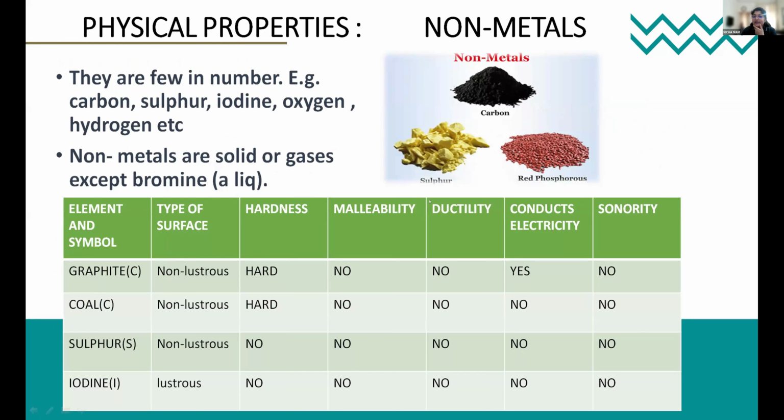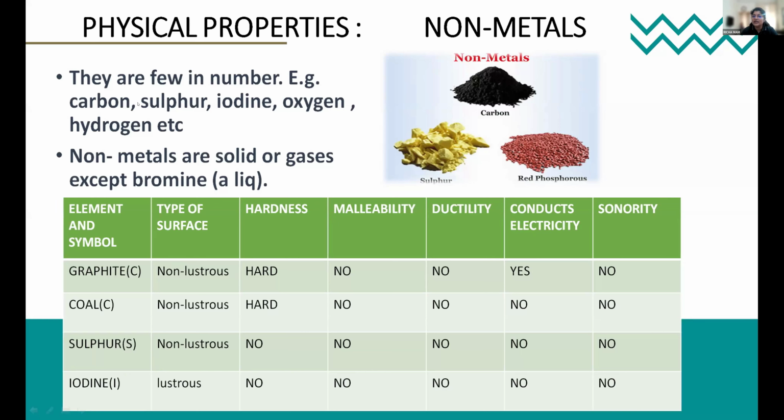Carbon, sulfur, phosphorus, oxygen, iodine, hydrogen. So these are all your non-metals. When you see the periodic table, to the right-hand side, whatever elements are present are all non-metals.